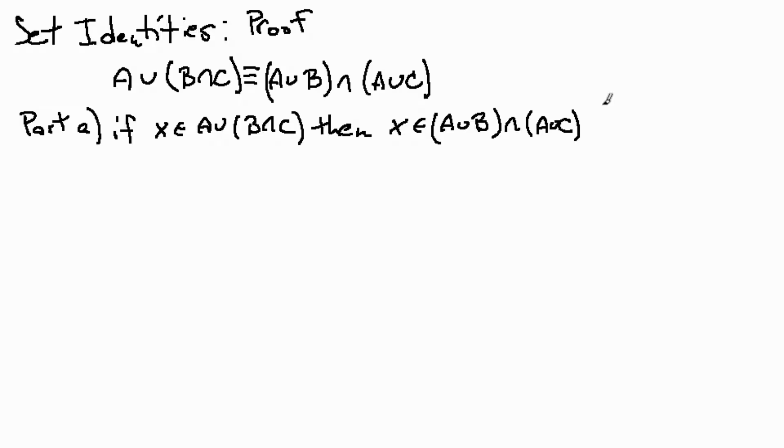And remember, once we show this step over here, then what we have shown is that A union B intersection C is a subset of A union B intersection A union C. Then part B of the proof is to work in the other direction.